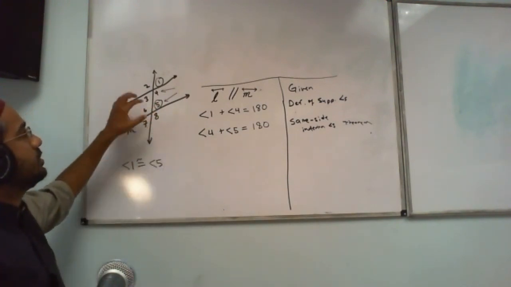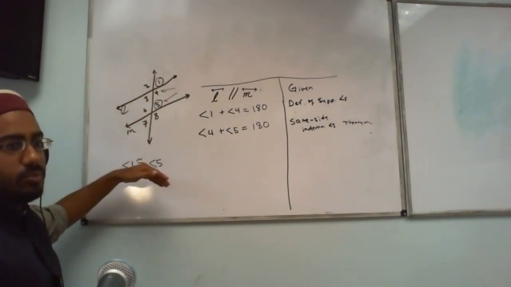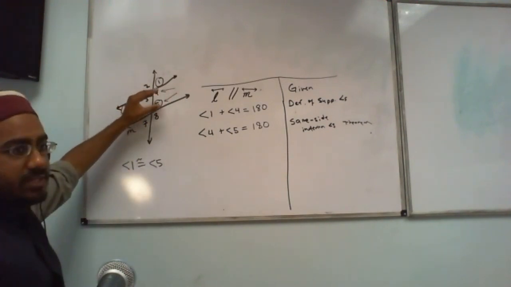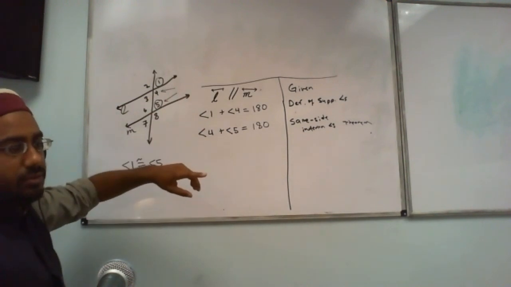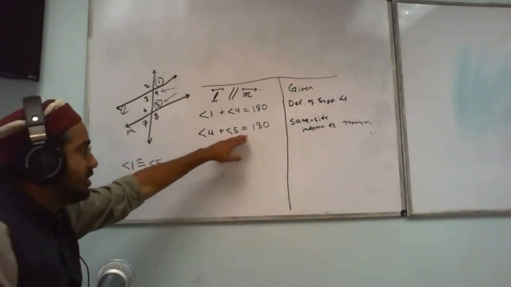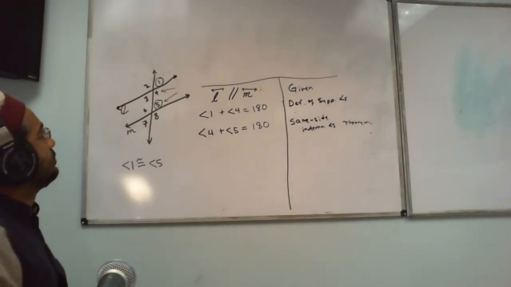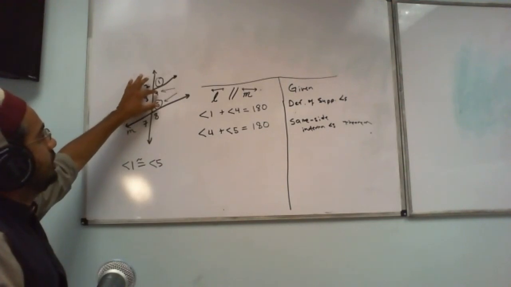Because they're both inside the parallel lines. If it's outside the parallel lines, we call it exterior. So the same side interior angles theorem tells us that together they add up to 180.